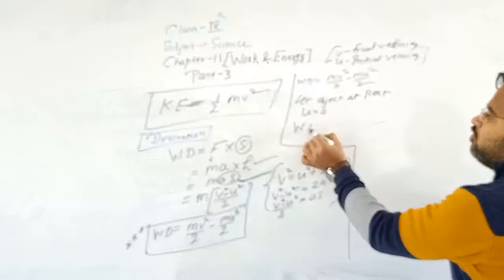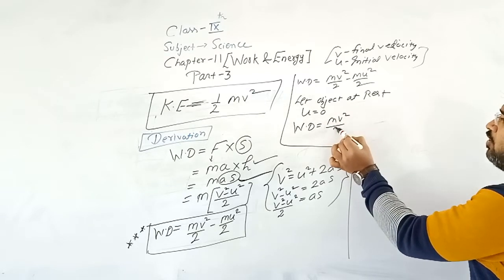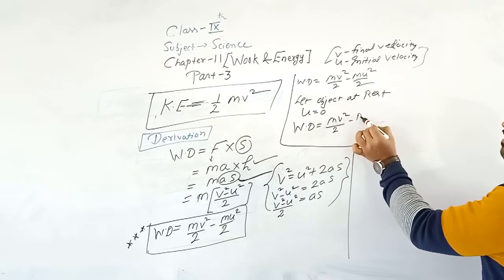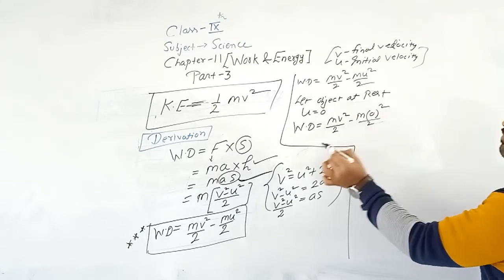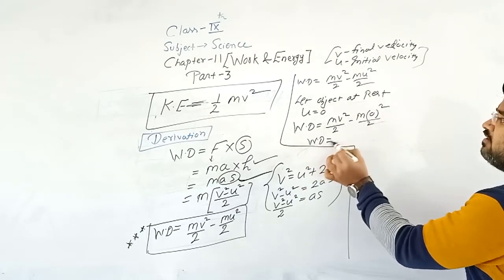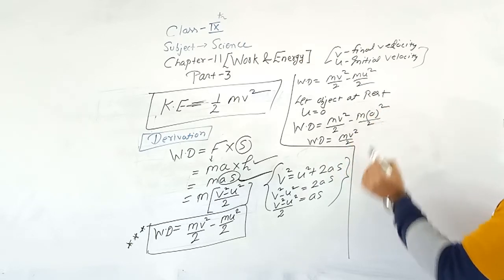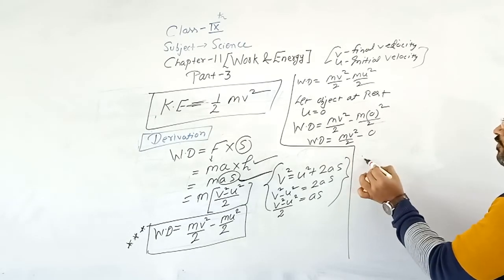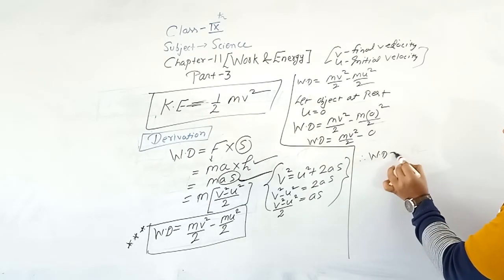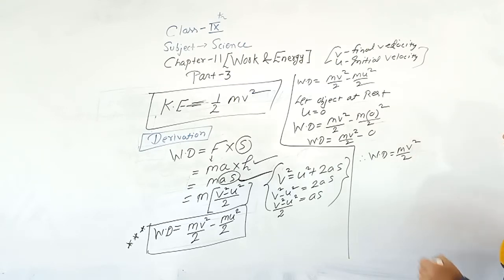Now the formula of work done would be mv square upon 2 minus m, and instead of u, I will substitute 0, the whole square upon 2. This term becomes 0 because anything multiplied by 0 is 0. Therefore, I can write that the work done is equal to mv square upon 2.